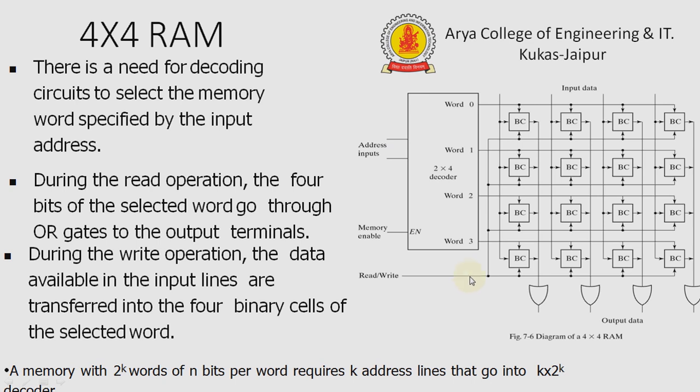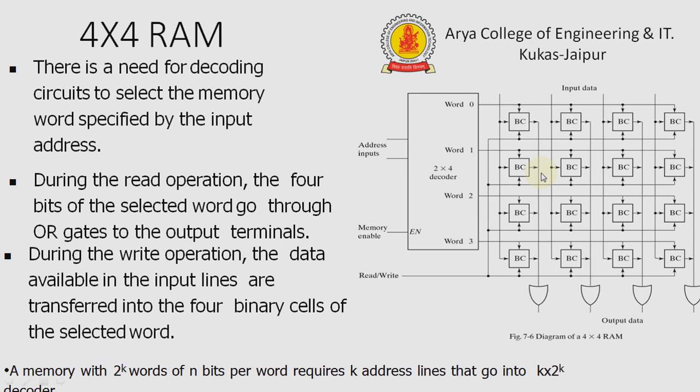The binary cells that are not selected are disabled and their previous binary values remain unchanged. When the memory select input that goes into the decoder is equal to 0, none of the words are selected and the contents of all cells remain unchanged regardless of the value of the read-write input.